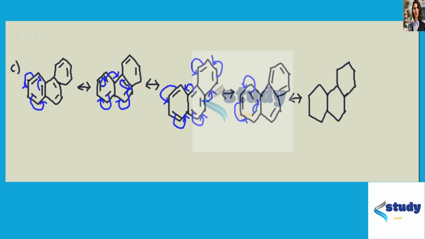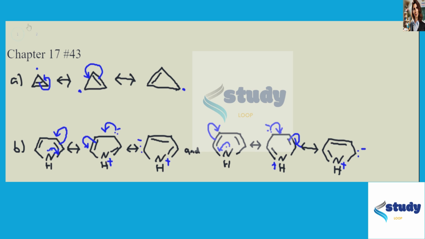So when we do that, we'll be here and here and there. Okay, and so that's several more resonance structures for each of these. I believe it's all the resonance structures for each of these. And again, we got there just by moving electrons, which is how you make resonance structures. And that's the answer to chapter 17, problem number 43.